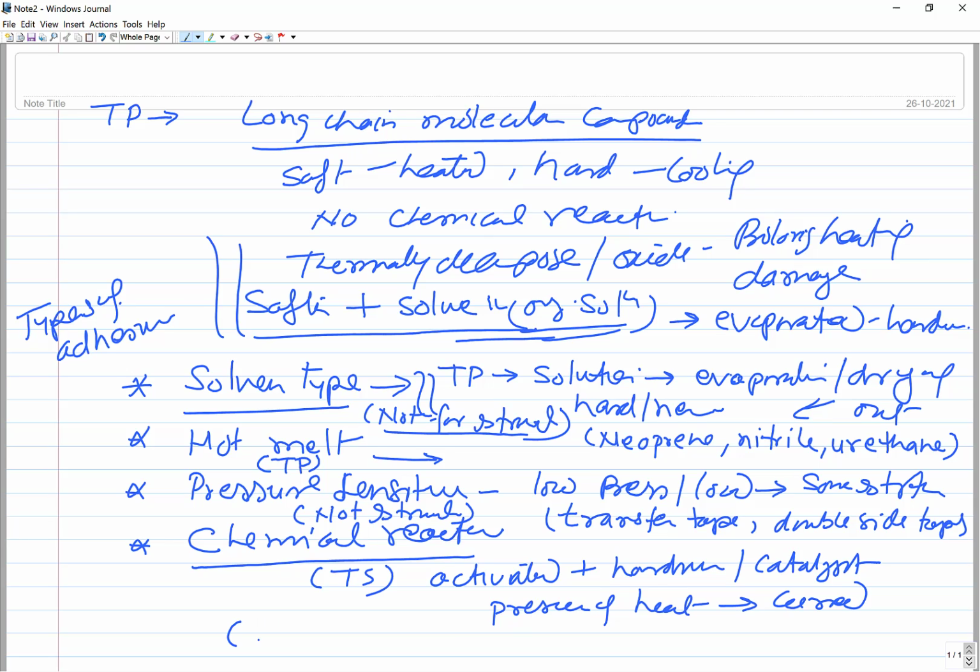The common examples of the chemical reaction type of adhesives include epoxy, the phenolics, acrylic, and the anaerobic.